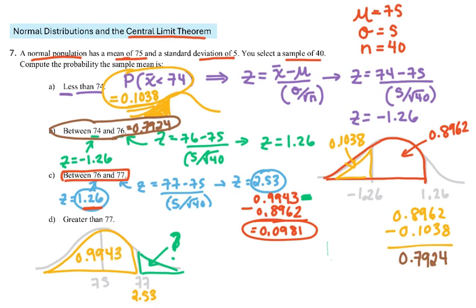So all we must do to get the probability that we are to the right is subtract from 1, 0.9943. And we will get 0.0057. So a very, very small likelihood that the sample mean will be above 77.